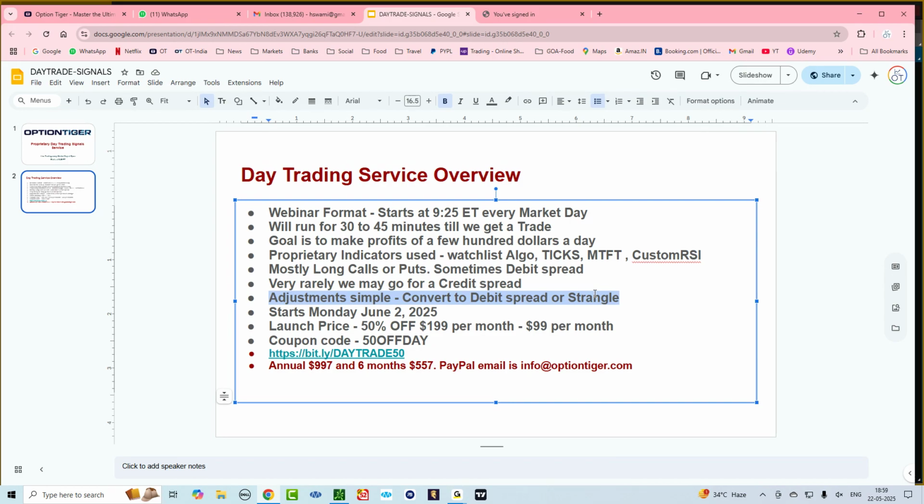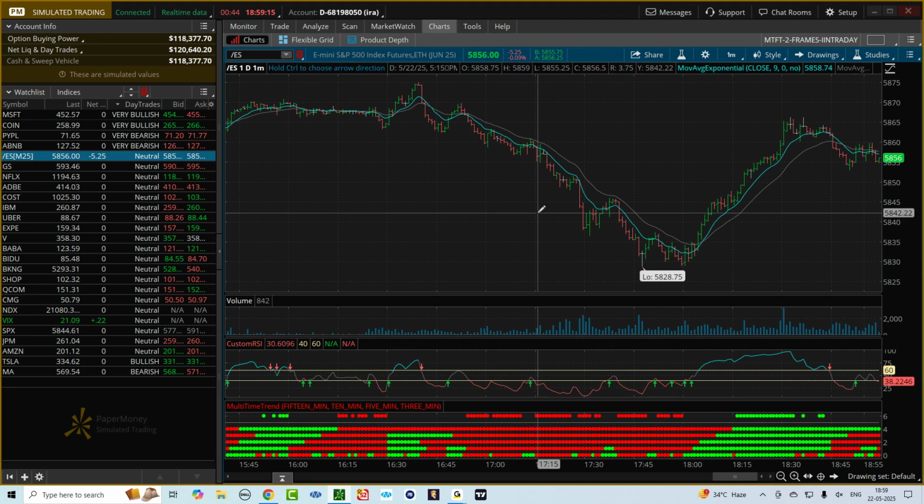So that's it. It's a very simple presentation, and the service also is going to be fairly simple. So let's get back. I think the markets are just about to open here, and let's see what happens. We've got a couple of stocks that are bullish, a couple of stocks that are bearish. In terms of the ES futures, they're down about 5 points.